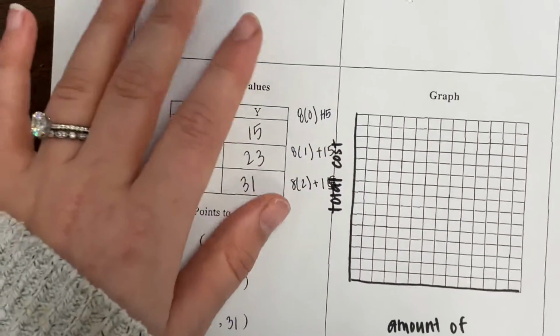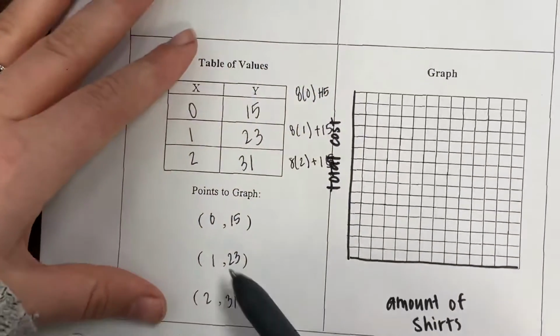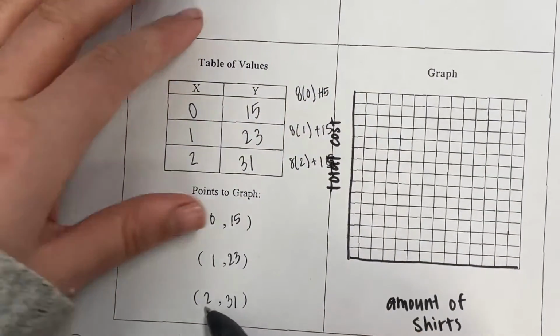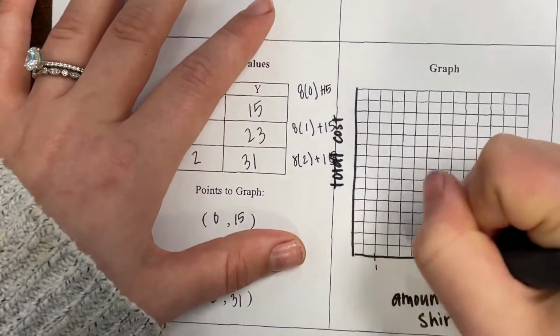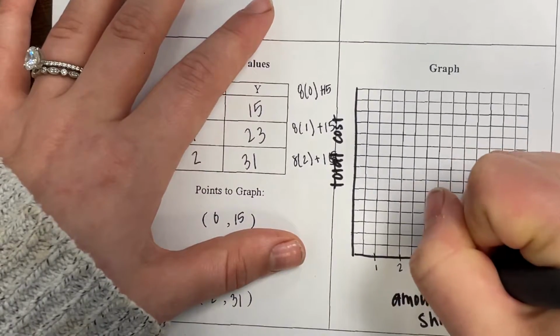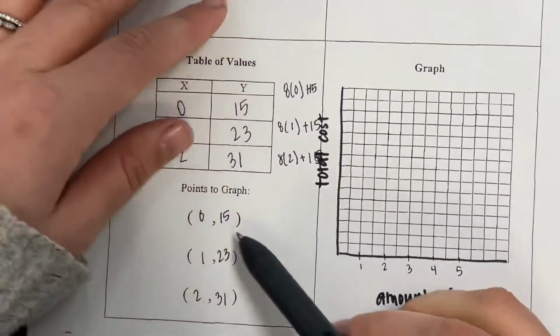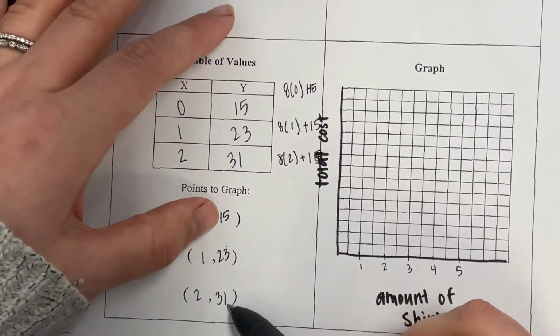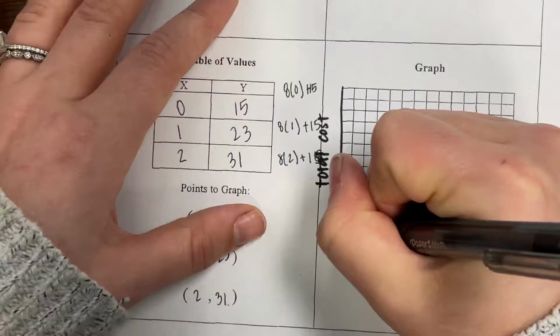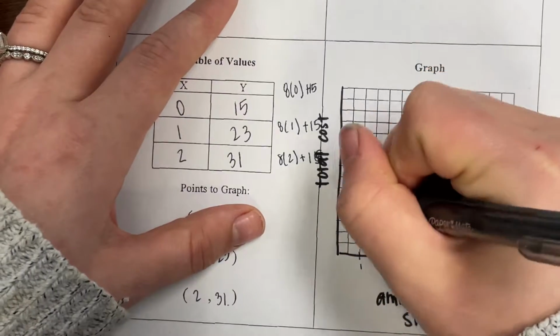I need to label with some numbers here. My x values are all pretty small, so I'm just going to go by ones here. All right, and my y values get pretty large pretty quickly, so I'm going to go by 5s here.